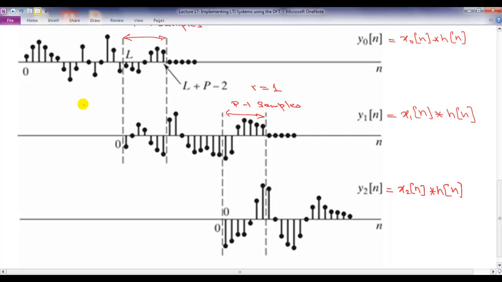So every L input samples produce L output samples. But the first P minus 1 part of those L output samples have to be computed using the previous block and the current block. The last ones of those samples, you just output as they are. And then you hold on to the last piece, and it keeps on going.